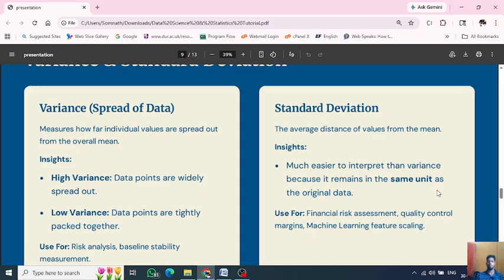Variance is in a graphical format, but the standard deviation is numerical data. It is used for financial risk assessment, quality control margins, machine learning feature scaling. I'll explain all this later, in a later tutorial video.